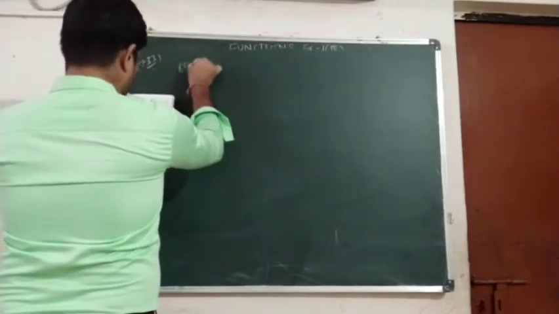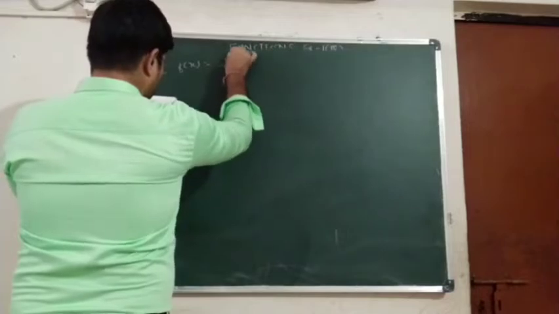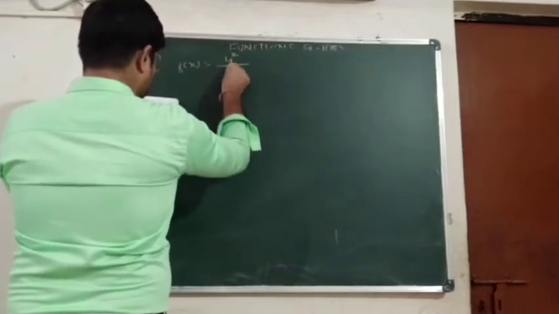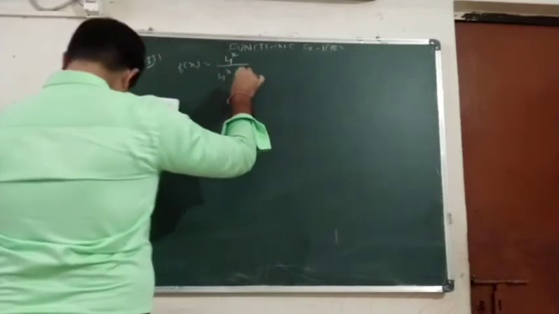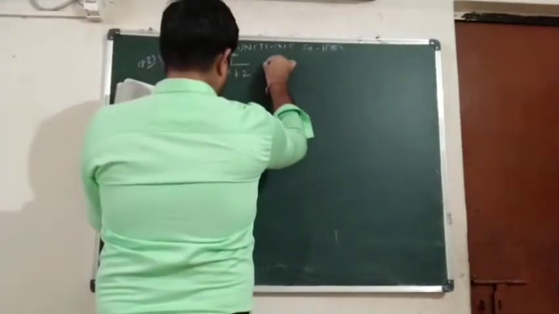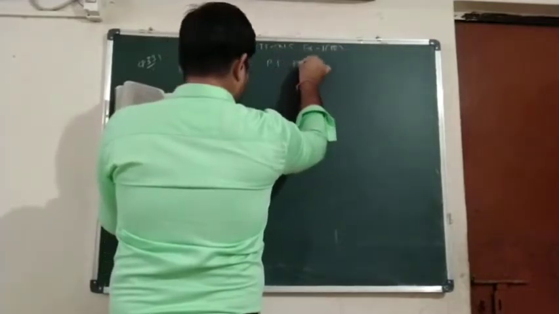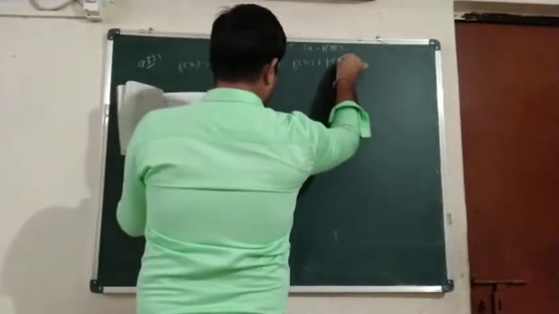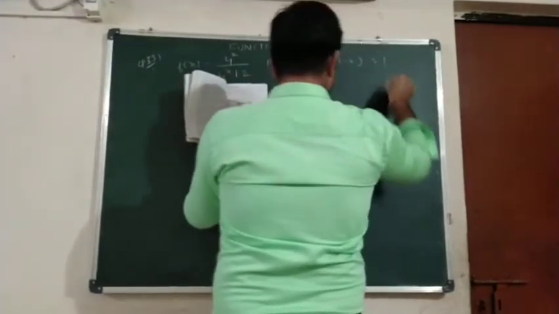Number 1, f of x is given by the formula 4 raised to x upon 4 raised to x plus 2. We have to prove that f of x plus f of 1 minus x is equal to 1.